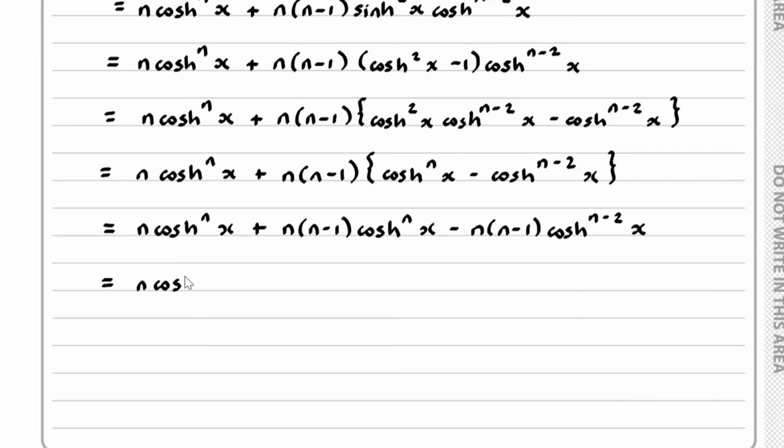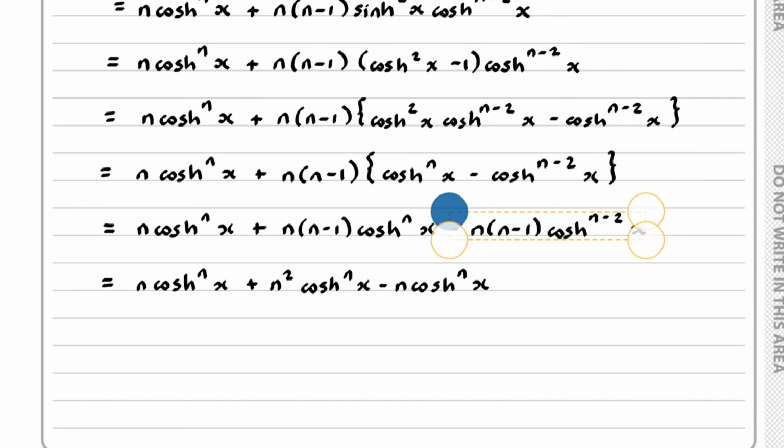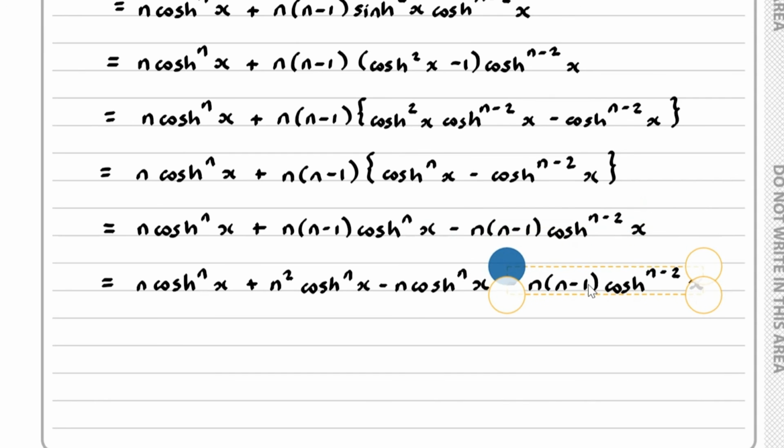So I've got n cosh nx, and if I multiply n by n minus 1 and then cosh nx, I'm going to get n squared cosh nx subtract n times cosh nx, and this bit would stay the same.